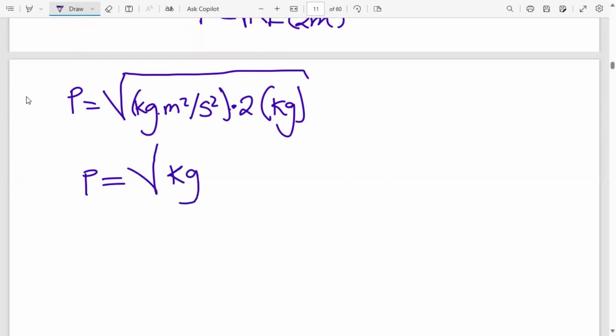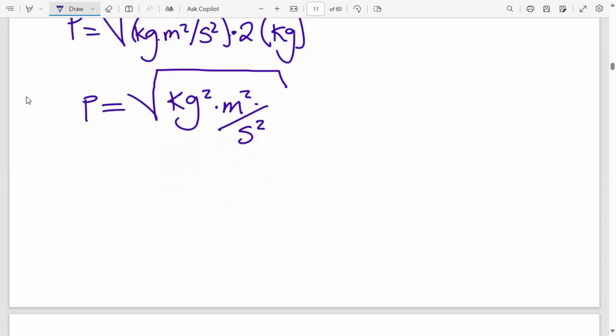I'm going to have kg squared. Okay, then I have the meter squared and the second to the power minus 2, like that. Or if I want, I can still bring it down as a denominator, over s squared like that. Okay, so this is what I have.